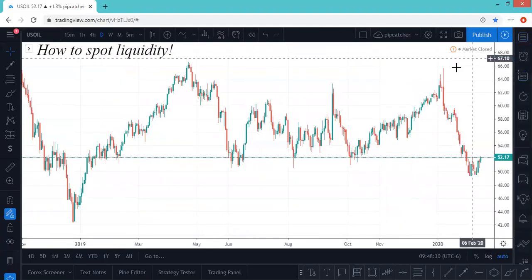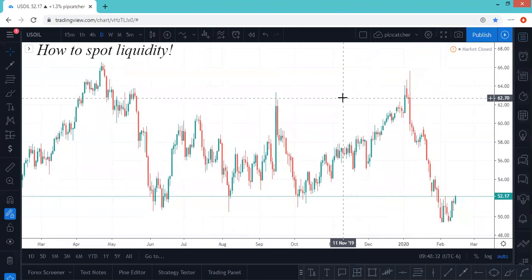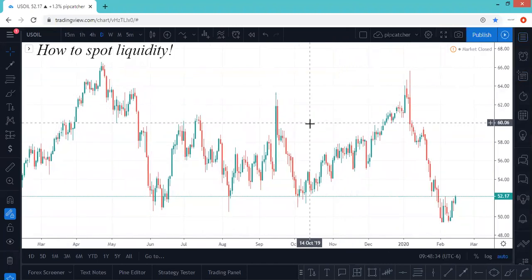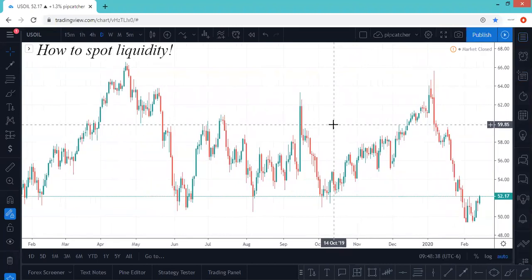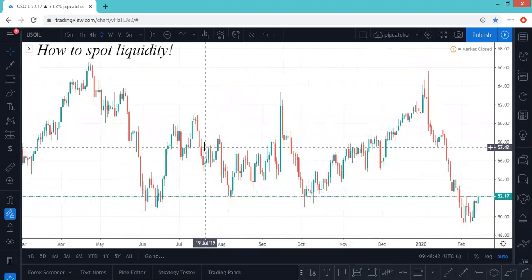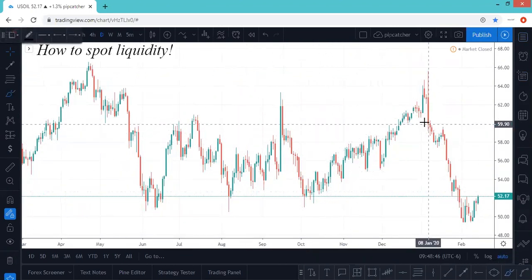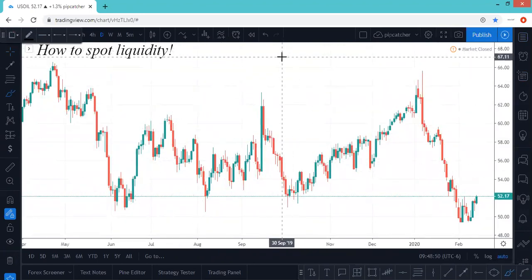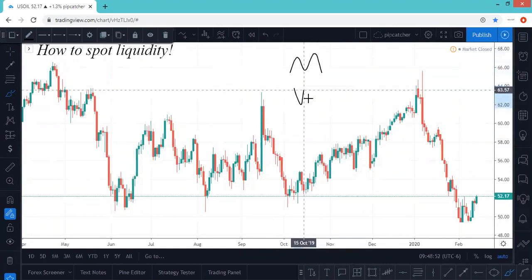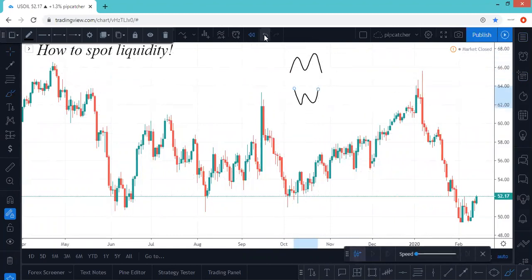Okay, so here we have oil, right? We have an example on oil. Now, there's a couple of examples in here that I would like to talk about. We'll start with the obvious one all the way to the left, okay? So you remember how I was saying, double tops, double bottoms.